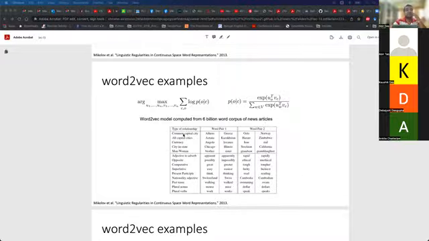In these news articles, you have common capital cities, names of those countries, the currencies, etc. So how you interpret this is that you take this word, say Greece, and you subtract Athens from it. You take the country name and subtract its capital. You get a vector which points from Athens to Greece, or from the capital city to the country.